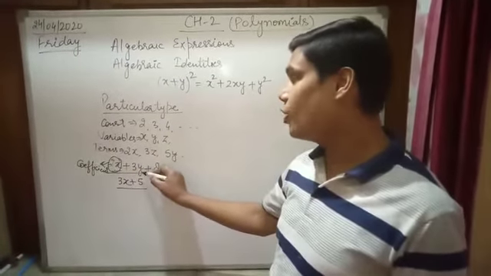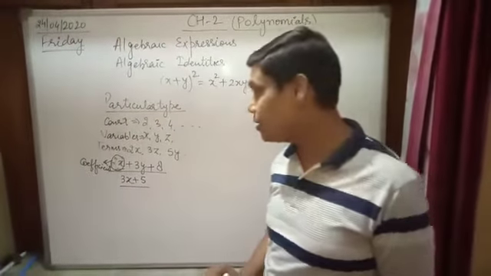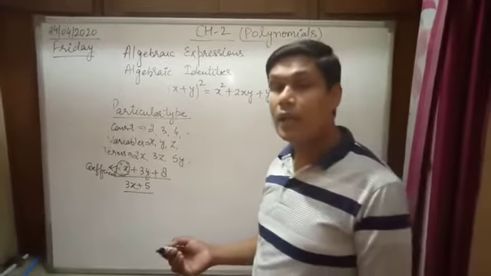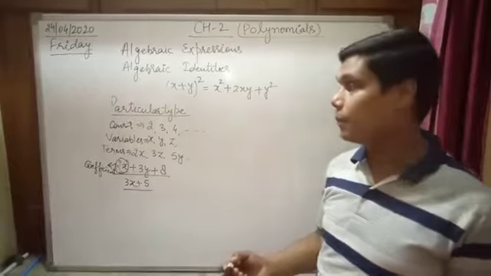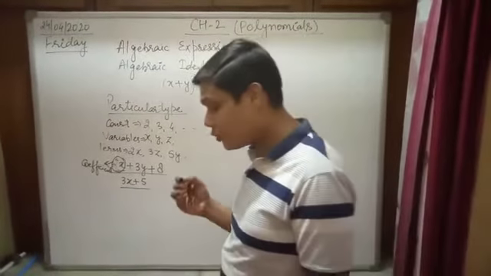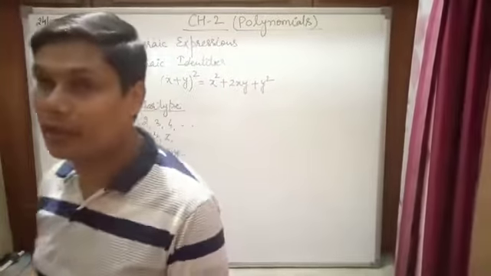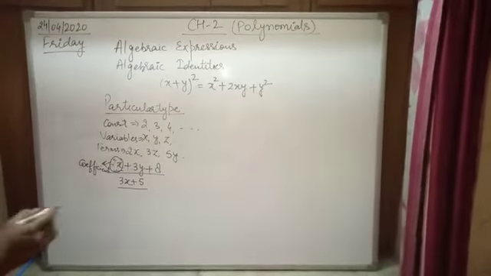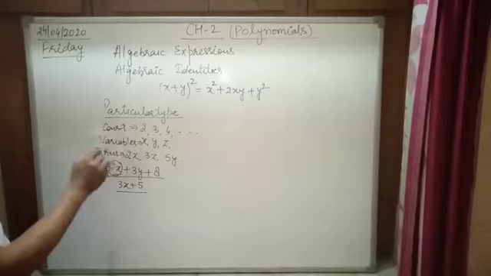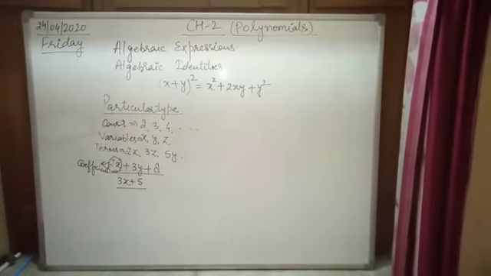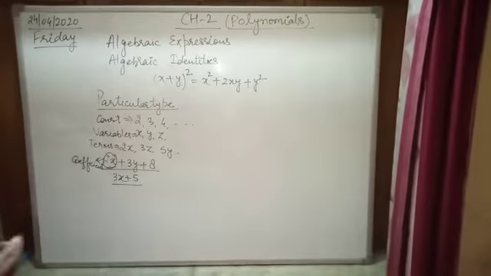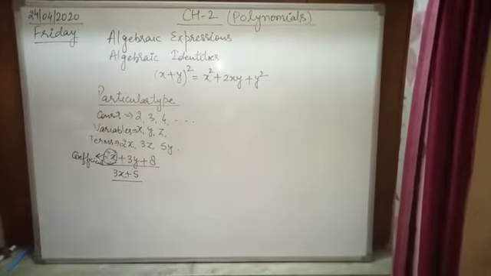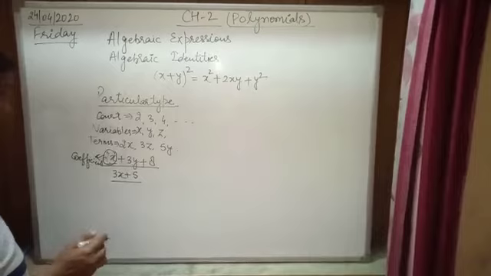What is the coefficient of y? The answer is 3. And what is 8? It is only a constant term because there is no variable with 8. But if any variable is multiplied by a constant, then it becomes the coefficient of that variable.